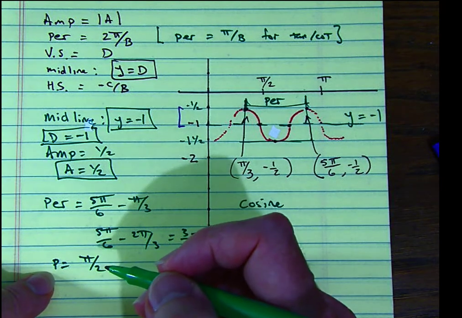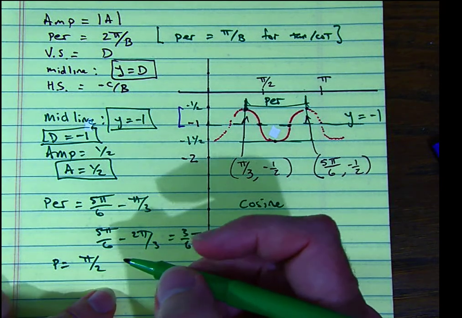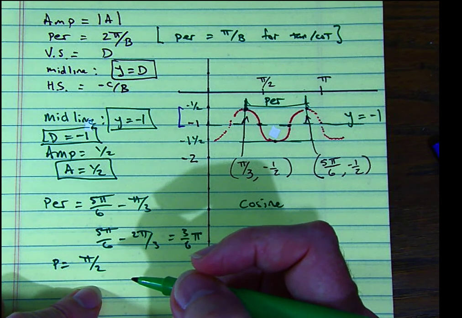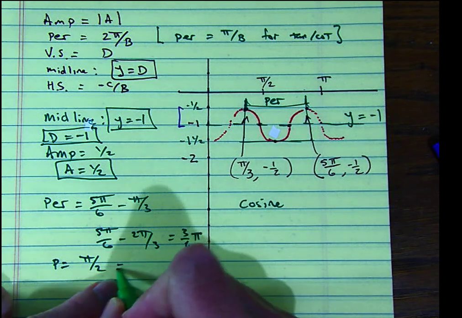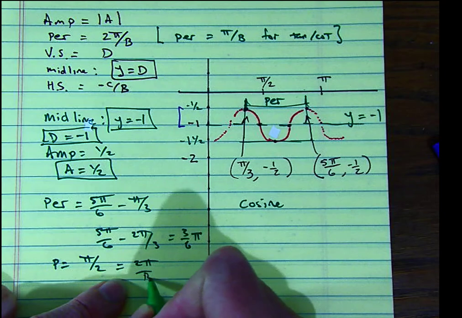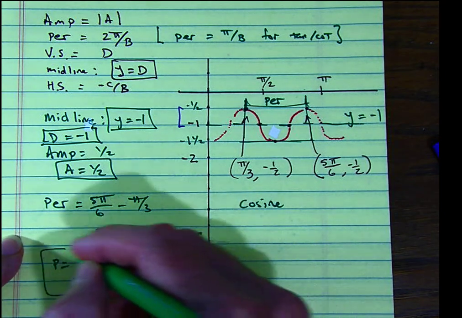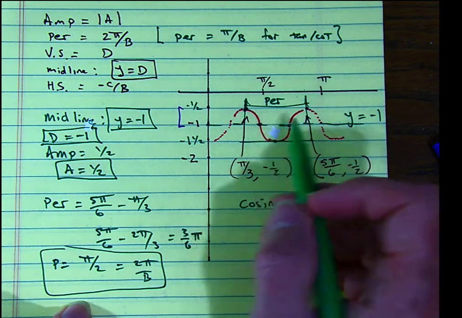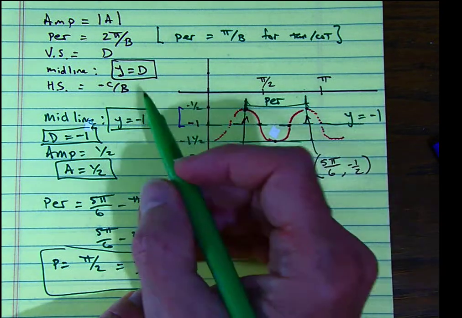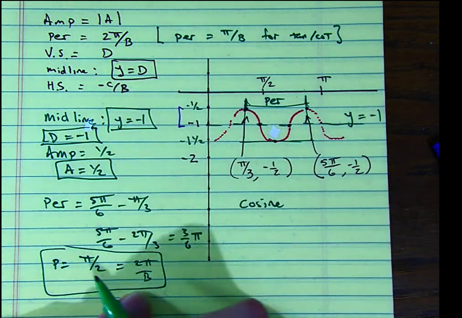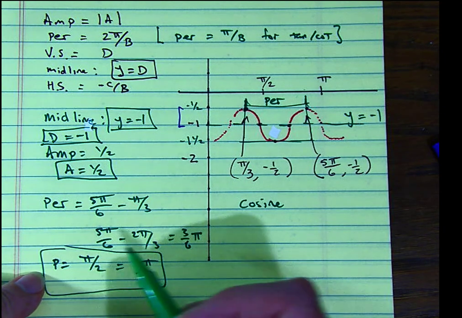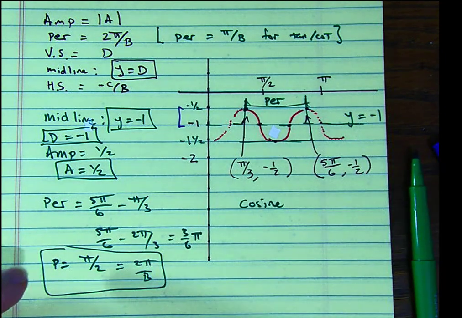Okay, now that is not B and that is not C, but it is the period. And the period follows a formula, 2 pi over B. So if we solve this formula, the period we have from the picture is pi halves. The period formula we have, so we set those two equal, and we can solve this thing.